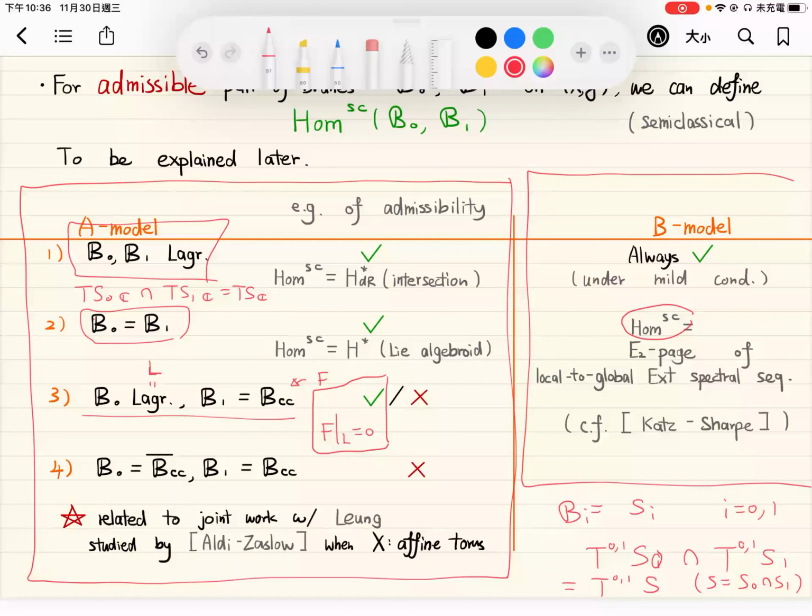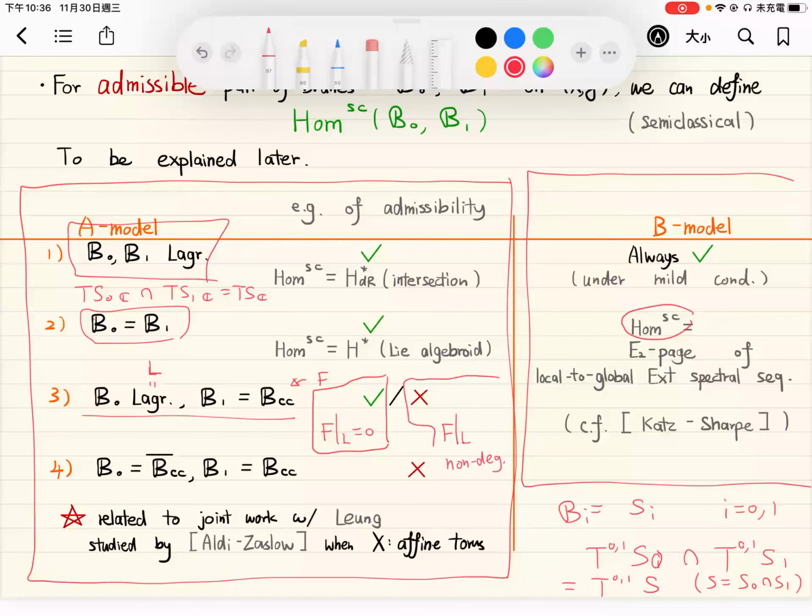However, there's another situation studied by Gukov and Witten in the paper Branes and Quantization. They assume that the curvature when restricted to the Lagrangian submanifold L is non-degenerate.